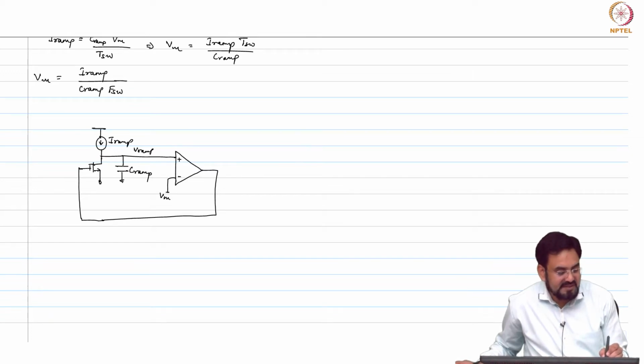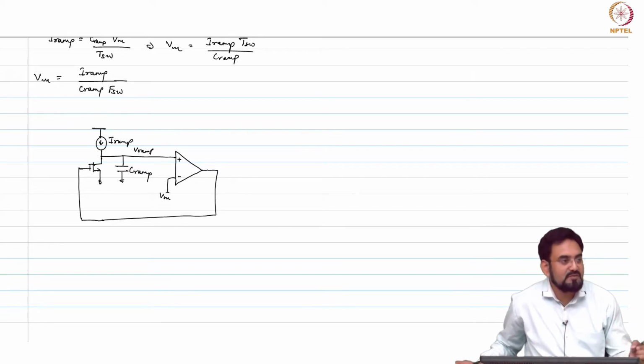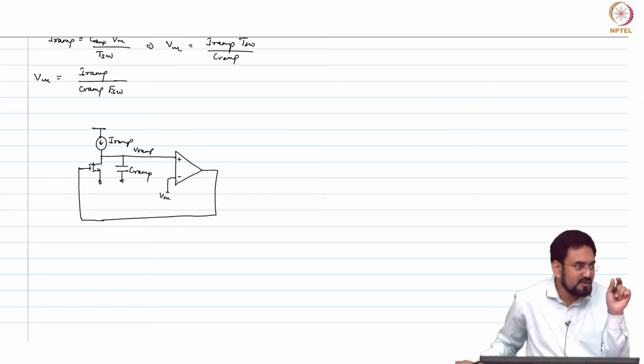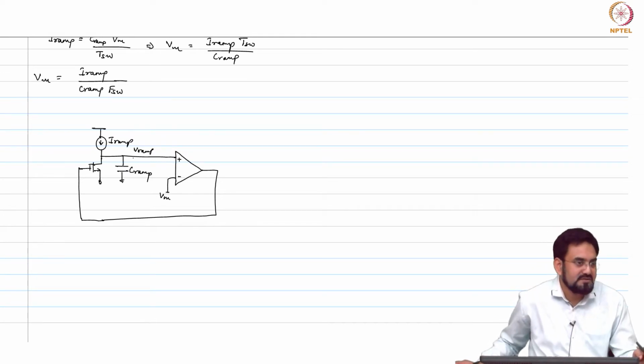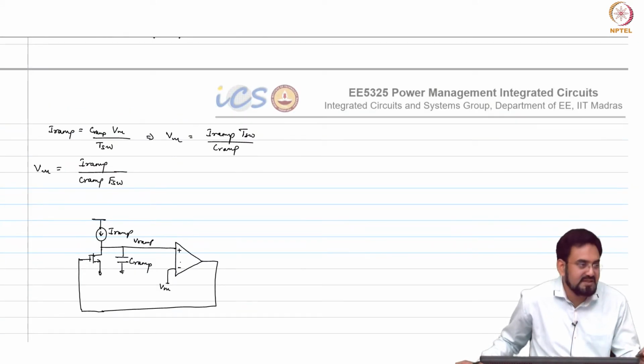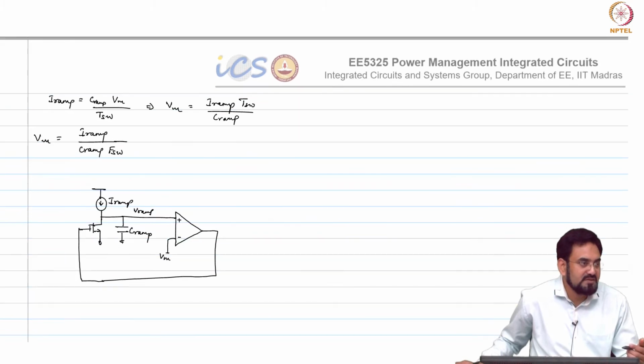And as soon as it gets reset, what will be the state of the comparator output? It will be low. So this switch will automatically turn off. So your reset time will depend on the delay of this comparator. Which means if your delay is 1 or 2 nanosecond, that will become your reset time. So based on the reset time you require, you have to design this comparator accordingly.